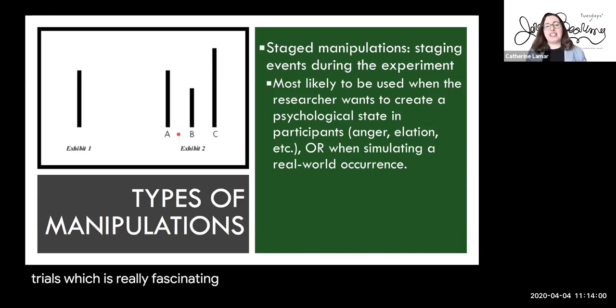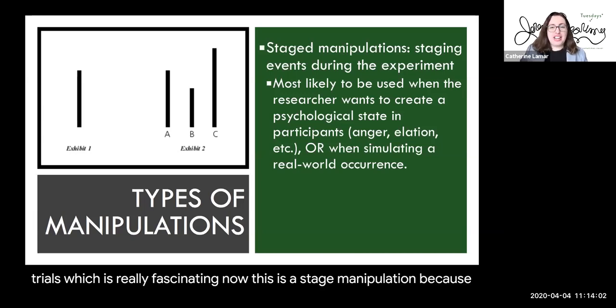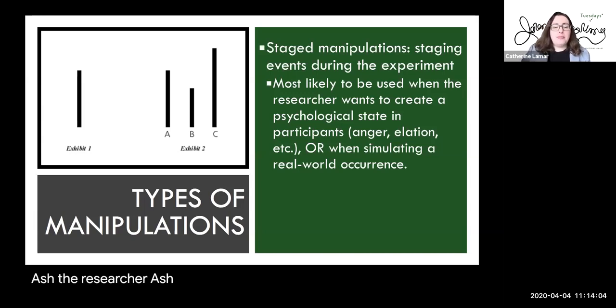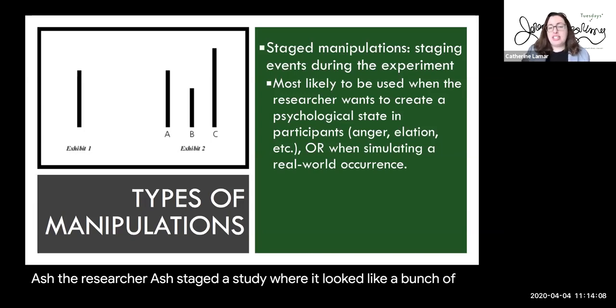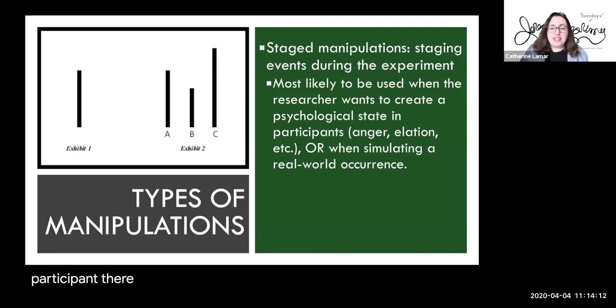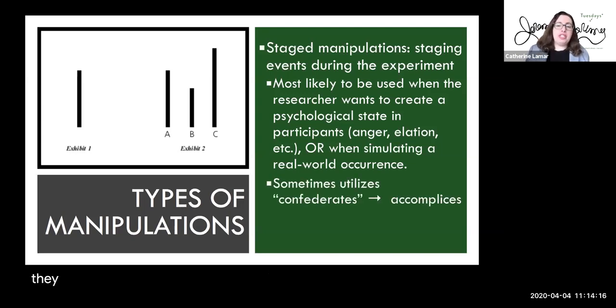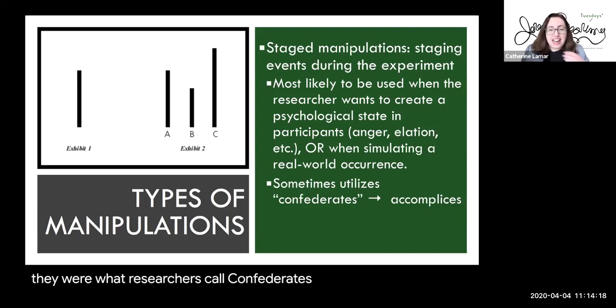Now, this is a staged manipulation because the researcher Asch staged a study where it looked like a bunch of participants were sitting down at a table, but actually there was only 1 participant there. Everyone else was paid to play the part of a participant. They were what researchers call confederates, and what I like to call accomplices because the use of the term confederate can be somewhat problematic.